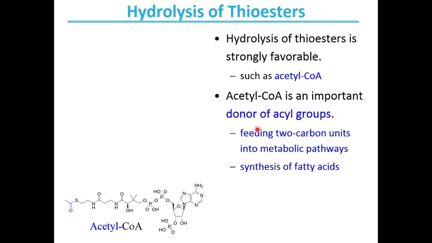Acetyl-CoA is an important donor of acyl groups, feeding 2 carbon units, just 1, 2, into metabolic pathways. And one of the most important functions is the synthesis of fatty acids.